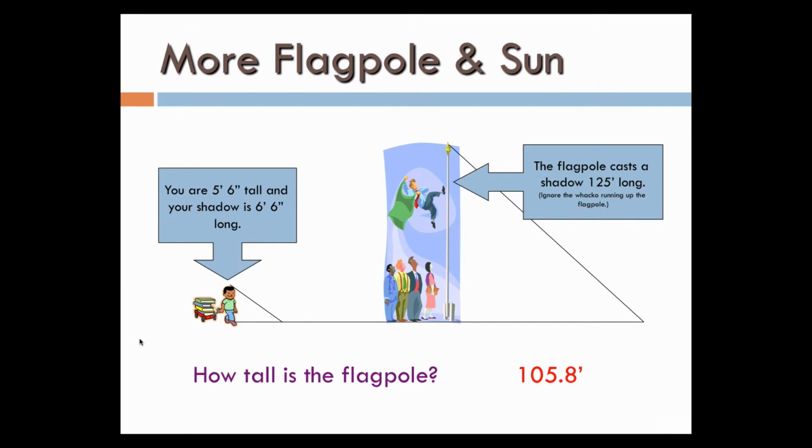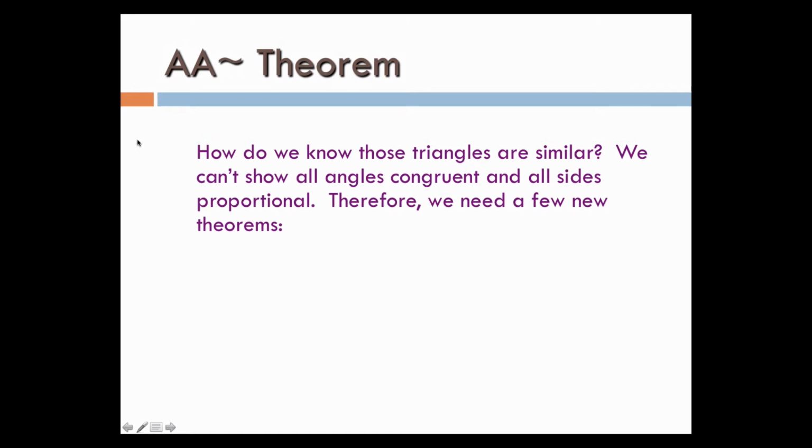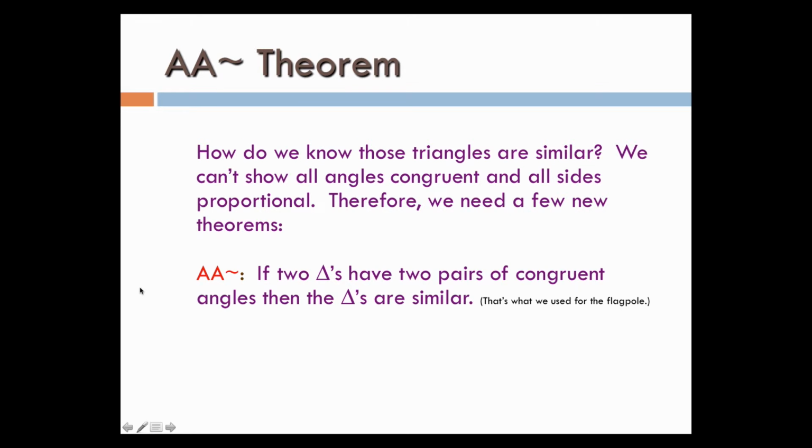So what we actually used here is our first theorem, which is called the angle-angle similarity theorem. Way back when I first started, it was originally called the angle-angle-angle similarity theorem.